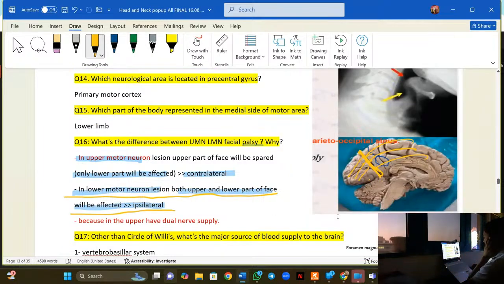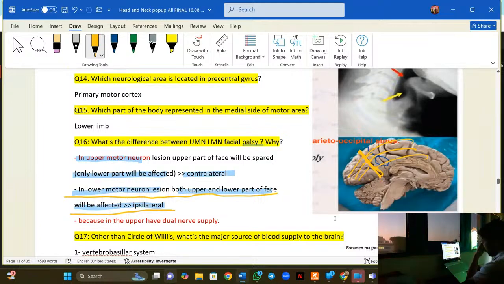Primary motor cortex. Which part of the body represents the medial side of the motor area? Lower limb. Upper motor and lower motor. In upper motor neuron lesion, the lower part of the face will be affected on the opposite side.